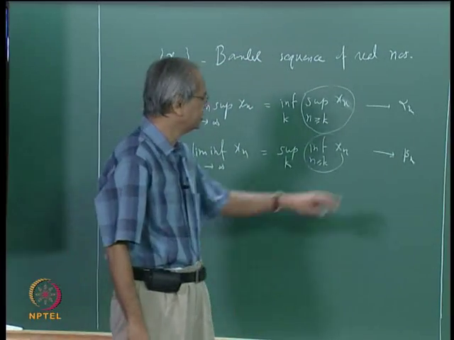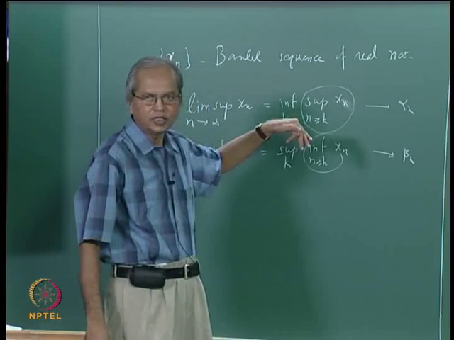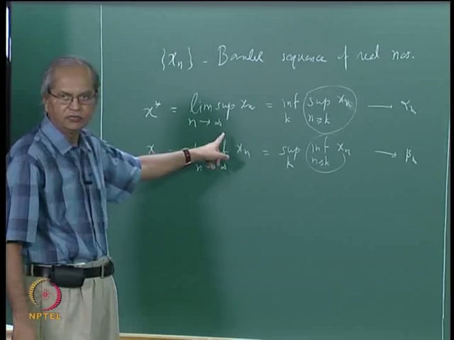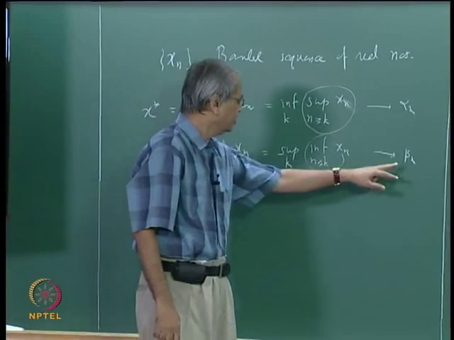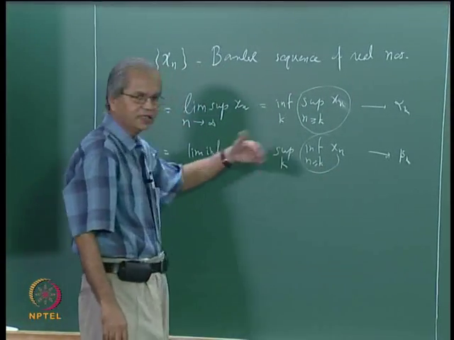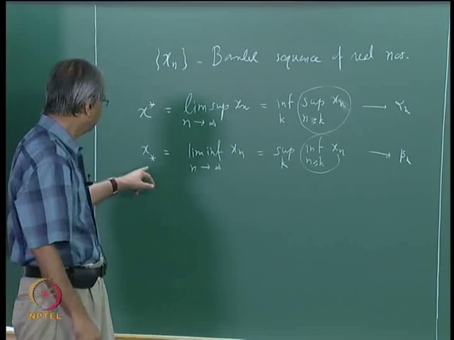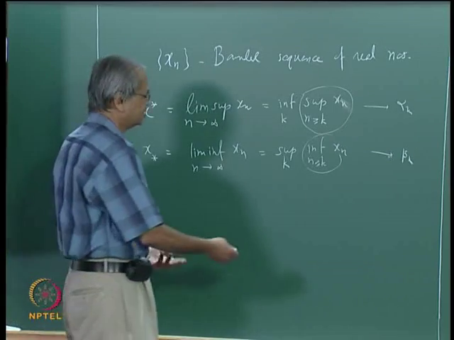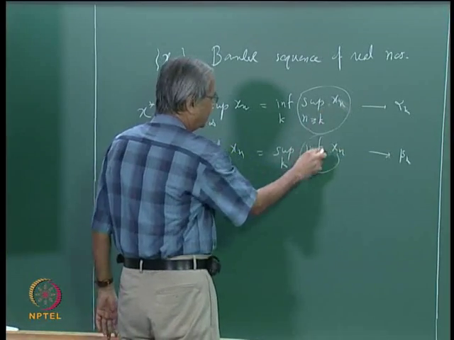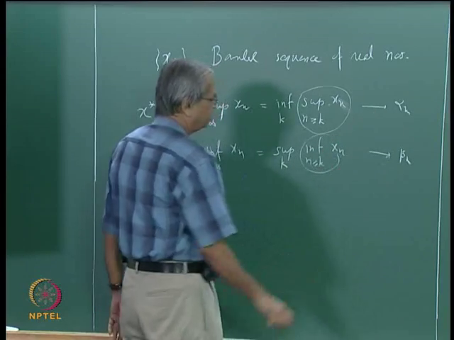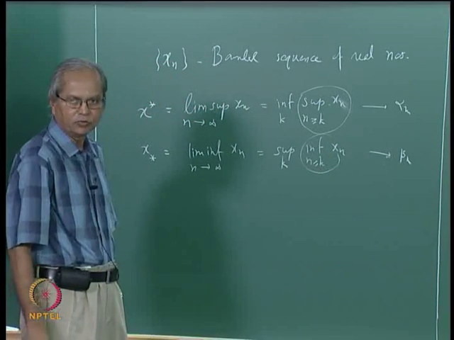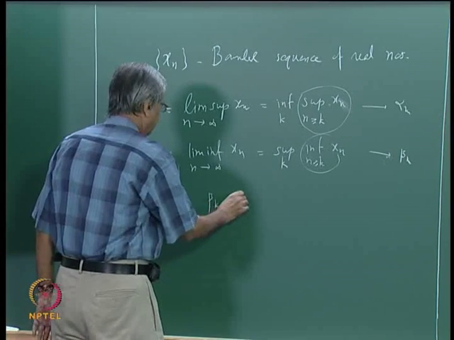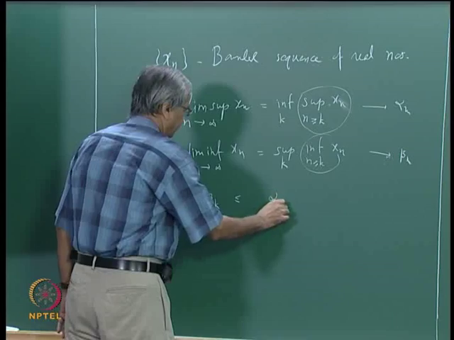And what we had seen is that alpha k is a monotonically decreasing sequence that converges to x star, which is its infimum, and beta k is a monotonically increasing sequence that converges to x subscript star. Of course since these are supremum and infimum over the same set, we should always have beta k less than or equal to alpha k for all k.